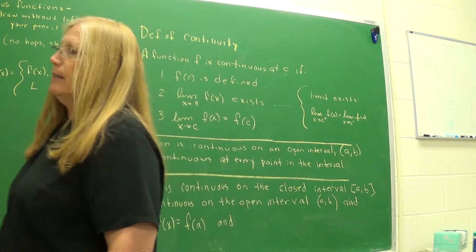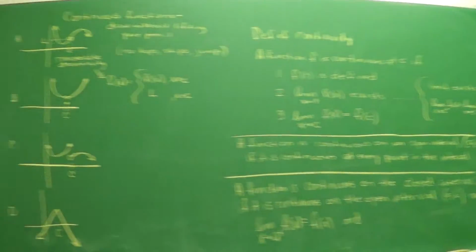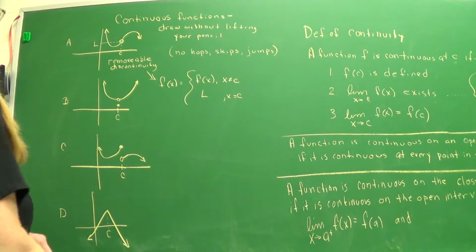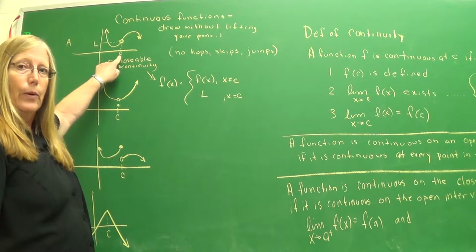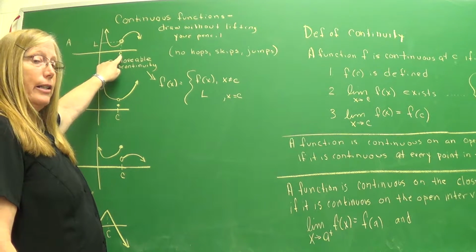Over here on graph A, the function was not defined at all at x equals C. So therefore, it's obviously not continuous.